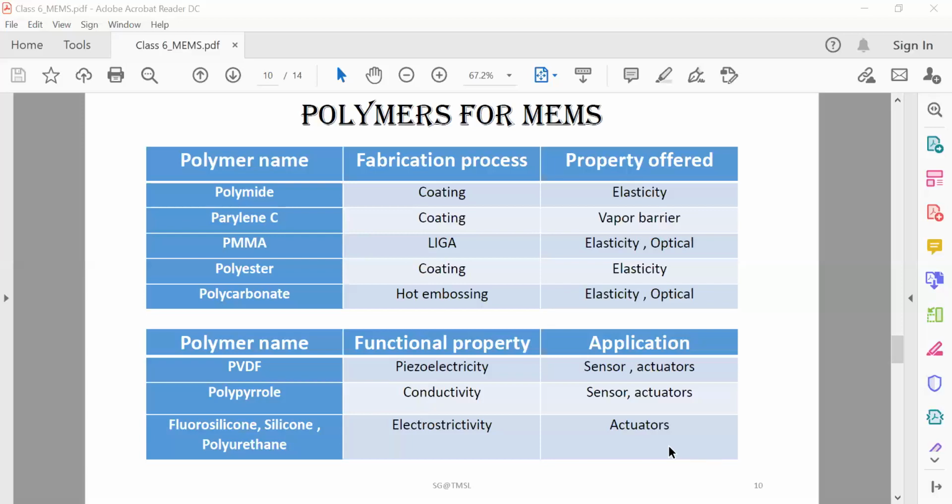Its main applications are either sensors or actuators, and the polymers employing these functional properties are PVDF, polypyrrole, fluorosilicone, silicone, or polyurethane. These are the polymer materials being used nowadays in different kinds of micro sensors or actuators.